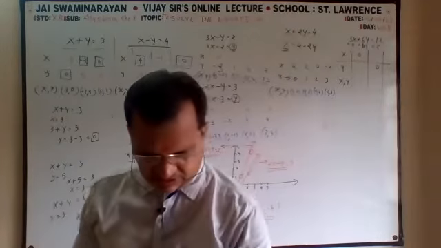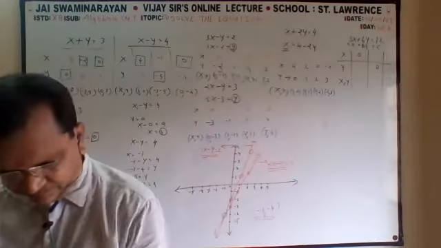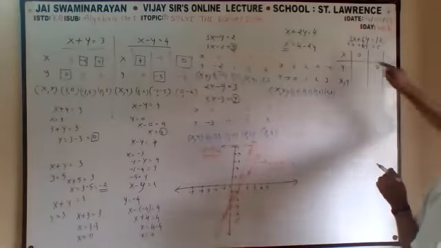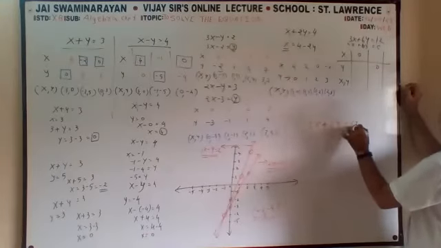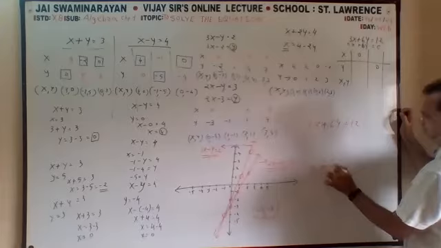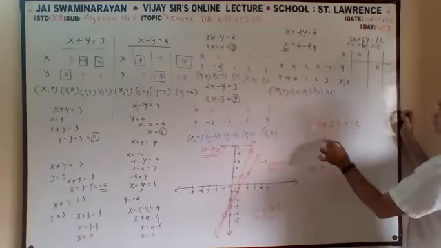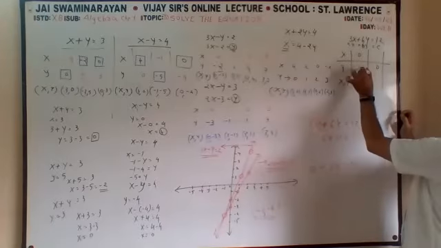At this time, substitute x is equal to 0. 3x plus 6y is 12. X is equal to 0, so 6y is equal to 12, so y is equal to 2.